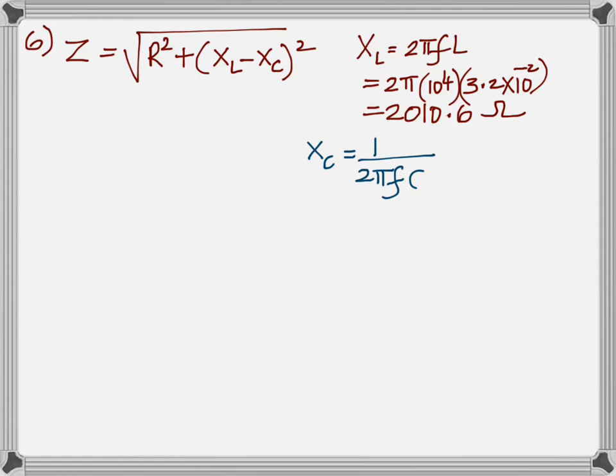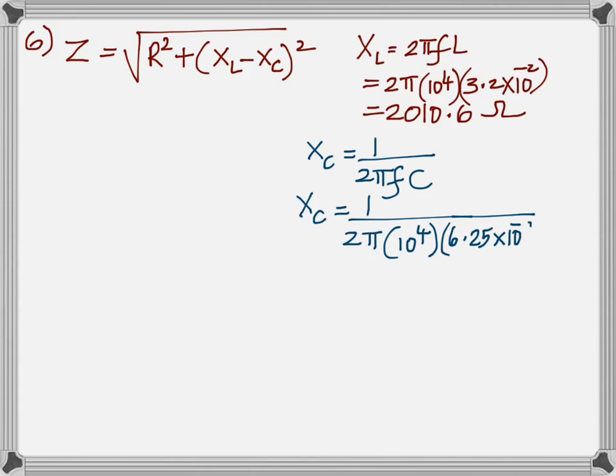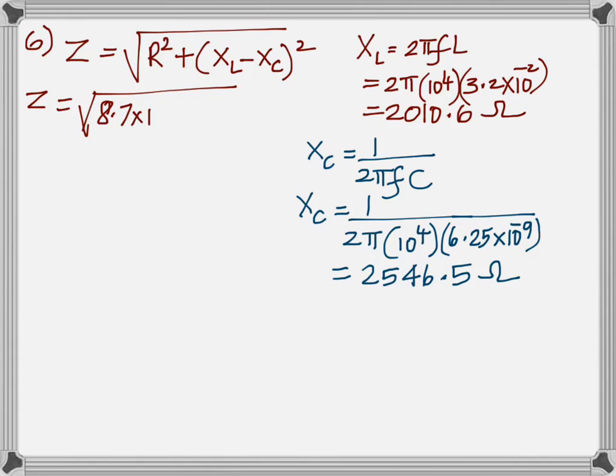XC, and therefore now we can substitute all that as resistance squared plus these two numbers. Take the difference, doesn't matter if it's negative because when you square it, it becomes a positive.